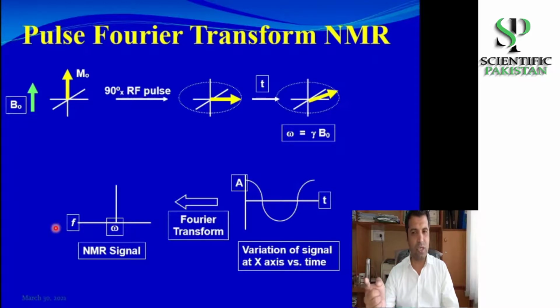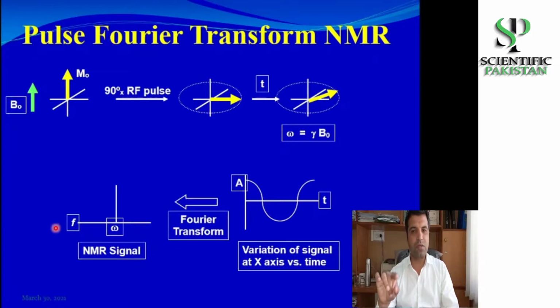But we have also seen at the end of the last session that not all of these protons would get 7.05 Tesla. Why? Because of shielding and deshielding. So some would get less than 7.05 Tesla, others might get more than 7.05 Tesla, and that is why their Larmor frequencies or resonance frequencies will not be exactly 300 megahertz.